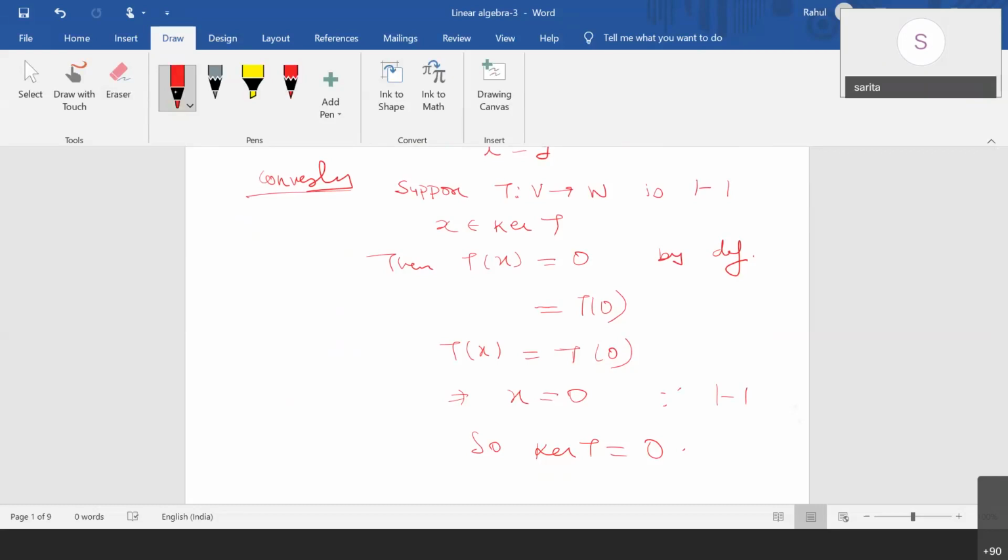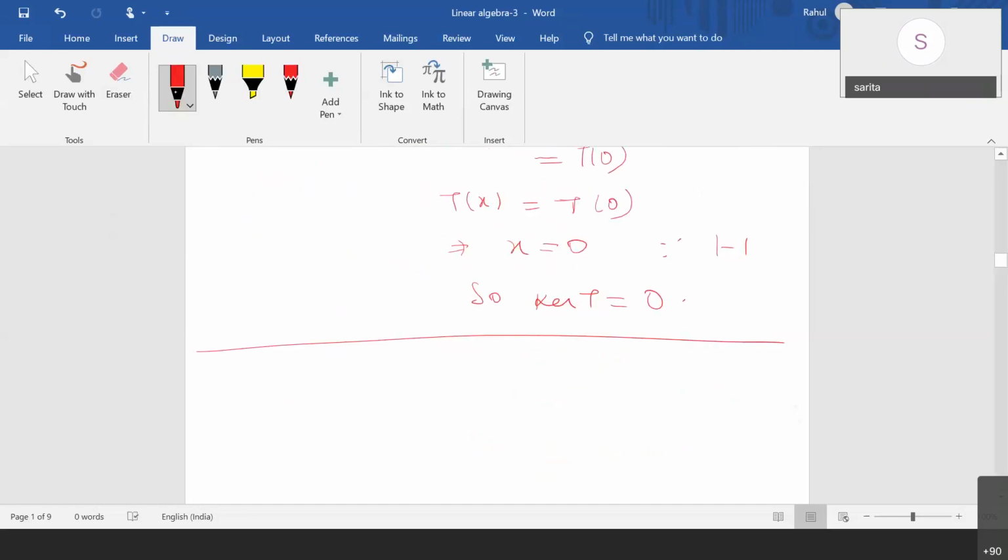Yeah, so that's what I was saying. And now there is another proof. I have that proof, but you can just try. Theorem: the one which I just said, if V and W are isomorphic, then it is actually both sides, if and only if dimension of V is equal to dimension of W. So if V and W are isomorphic, an important result says that their dimensions are equal.